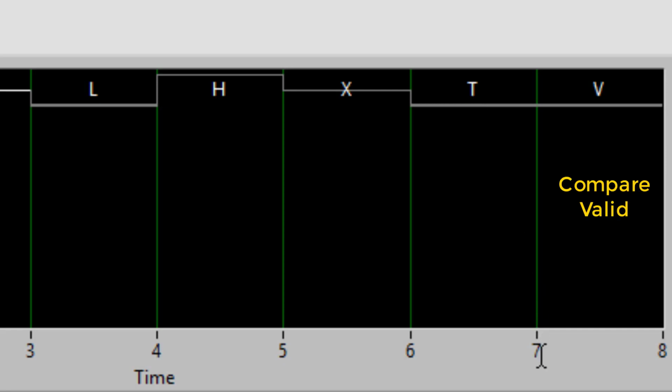And last we have value 7, which is equivalent to V, which means compare valid. It compares logic valid level edge. It compares a voltage level either lower than the low voltage threshold VOL or higher than the high voltage threshold VOH.